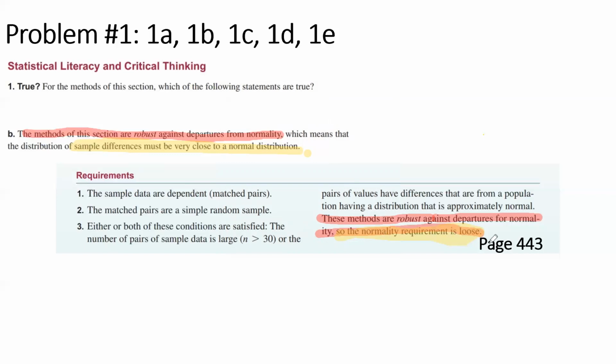Our requirement, on page 443, says the normality requirement is loose, whereas the follow-up right here says that, no, in order for it to work, it must be very close to a normal distribution. That's a stats nerd thinking that everybody attends to the detail as he does. And now I understand why you were tripped up, Nyrese, because it tripped me up from my assumption. So again, I understand how we can get this wrong.